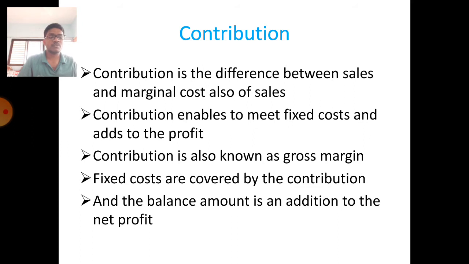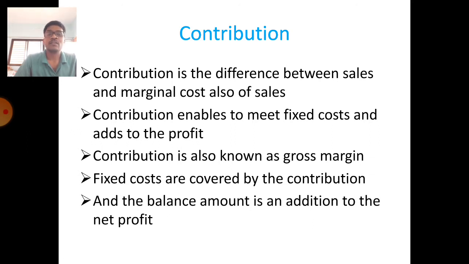How to calculate contribution: selling price minus variable cost, divided by the selling price, into 100. Contribution is the most important factor in marginal costing. Contribution is also known as gross margin. The contribution is the selling price minus variable cost.